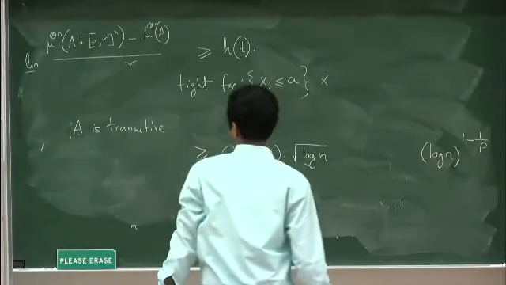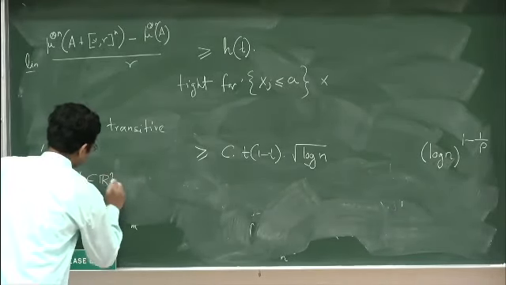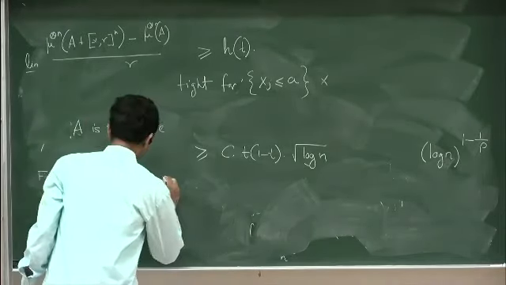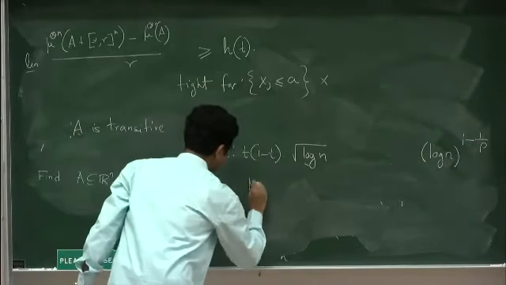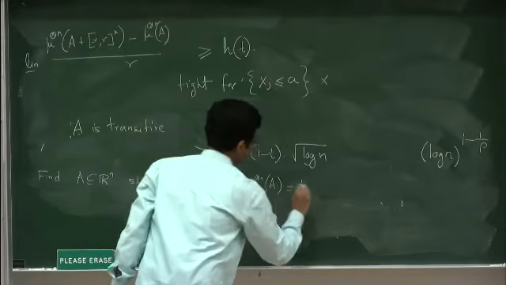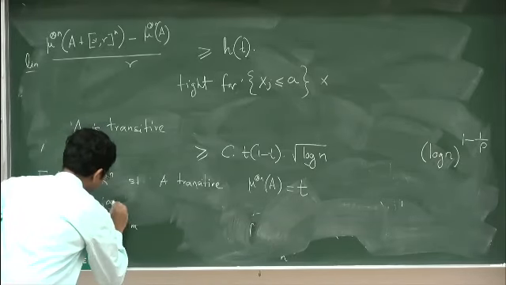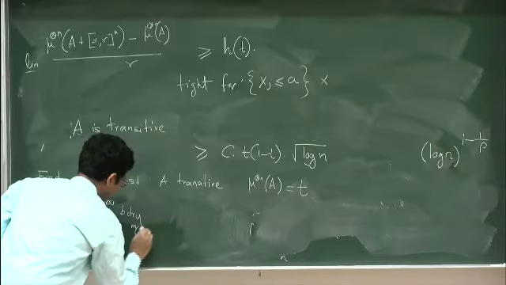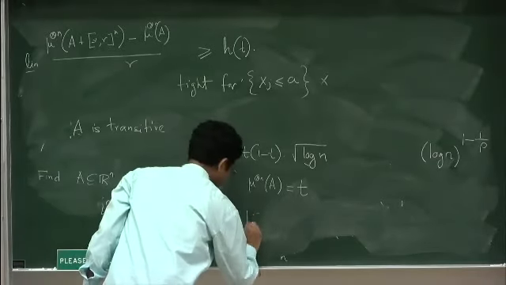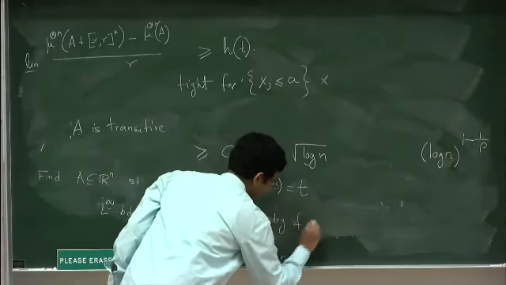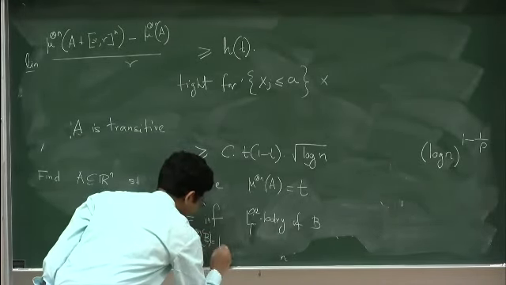So find A in R^n such that A is transitive, the measure of the set is equal to t, and the L infinity boundary of A is the same as the infimum of the L infinity boundary of D, where the measure of D is again t and D is transitive.